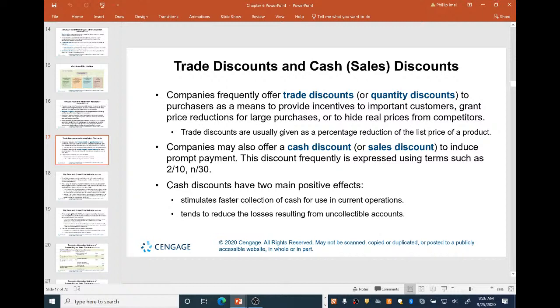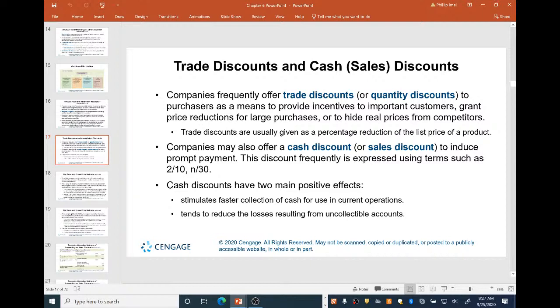And it says here cash discounts have two positive effects, obviously. It stimulates faster payment from customers because it entices them to pay, since they're getting a discount. So that's a good thing. We're getting cash up front, so that gives us cash for use in current operations, which is nice because it's all about cash with the company, right? We need the cash for operations and to satisfy obligations.